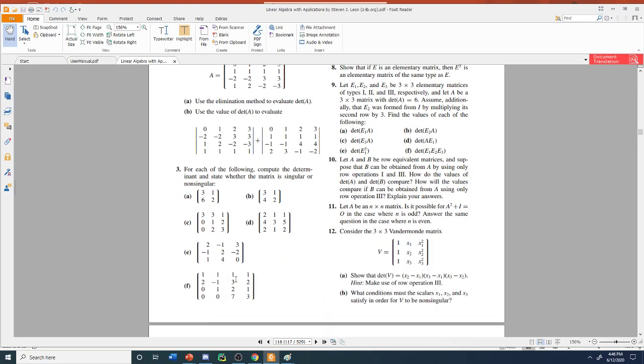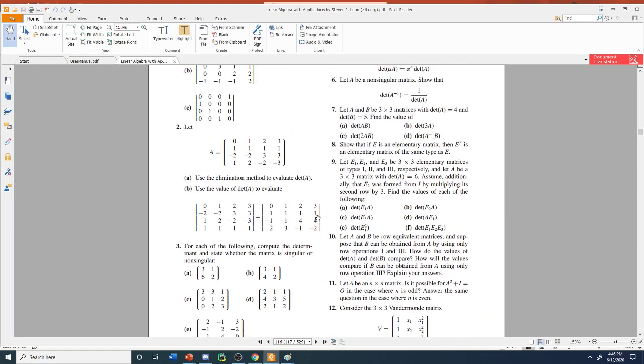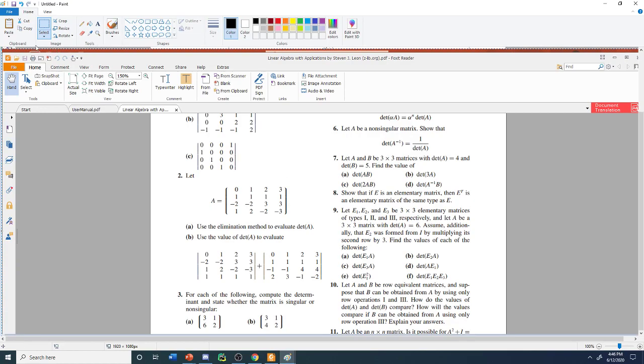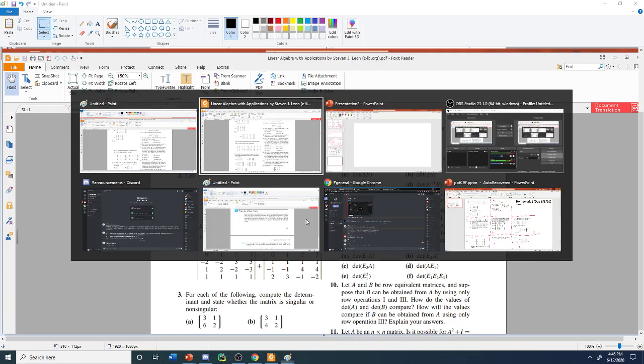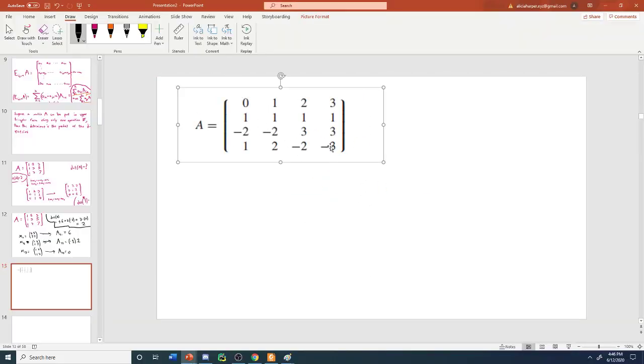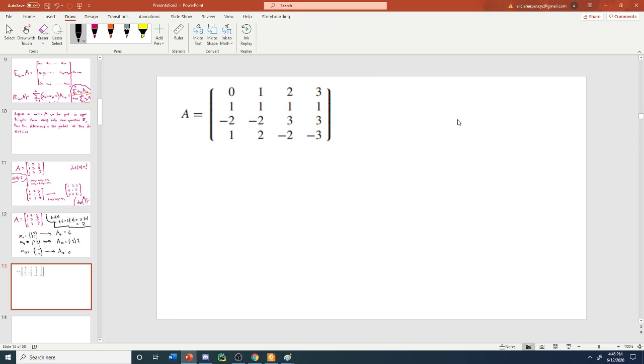I will take this one right here. Actually, this one. So what I want to do is I want to compute the determinant of this matrix. And the way we're going to approach it is we're going to approach it using elimination.